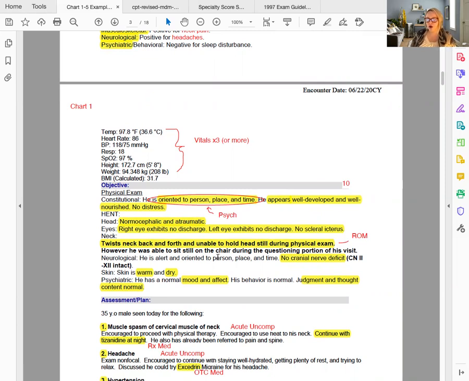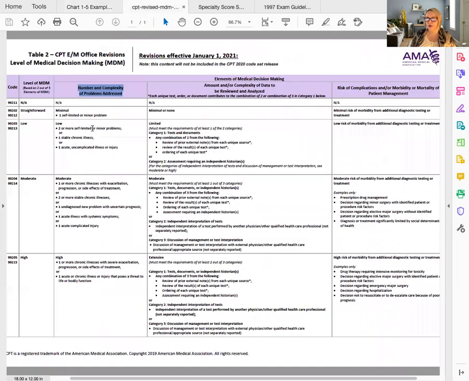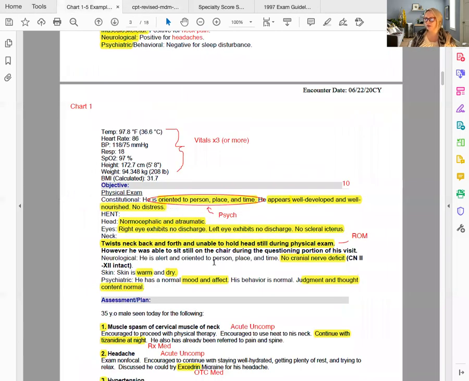Again, with the new office and outpatient services, we don't need to count the exam elements, but I would want to read through this to see if there's anything in the exam that's noted that might indicate the type of problem or the complexity that would bring me to something greater than an acute, uncomplicated problem.